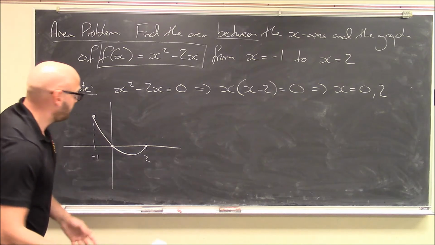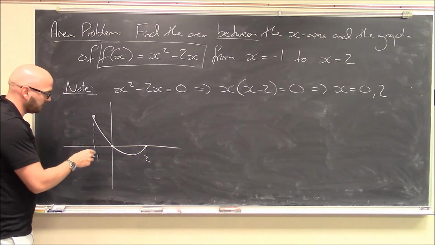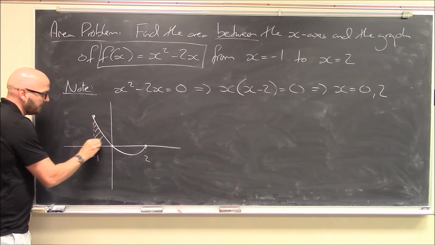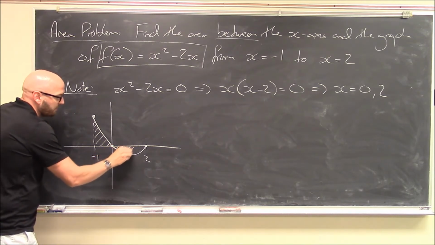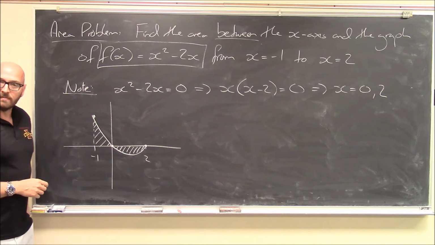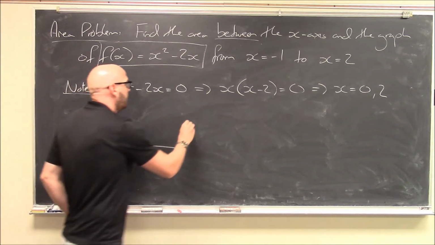What are we asked to do? We're asked to find the area between the x-axis and the graph of this function. So we're looking for the sum of these two areas.